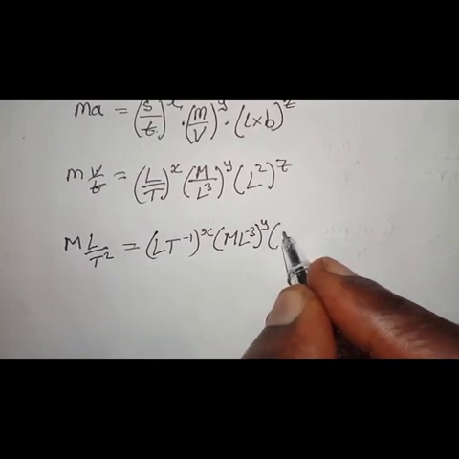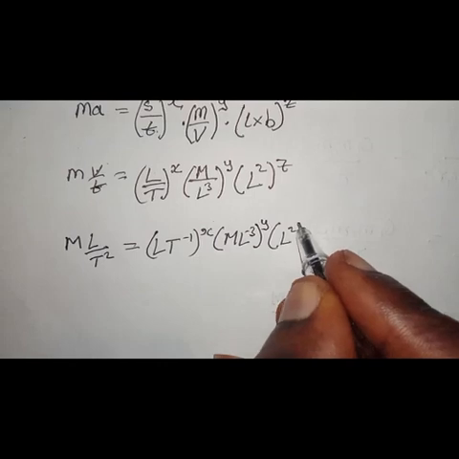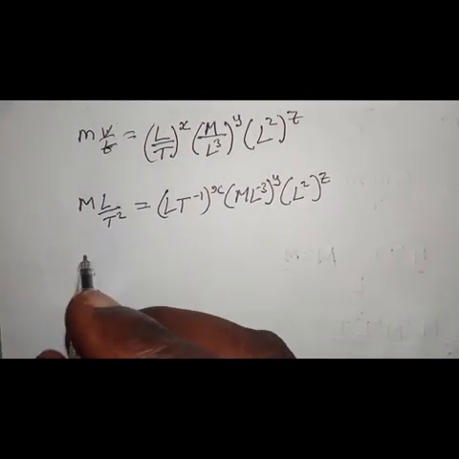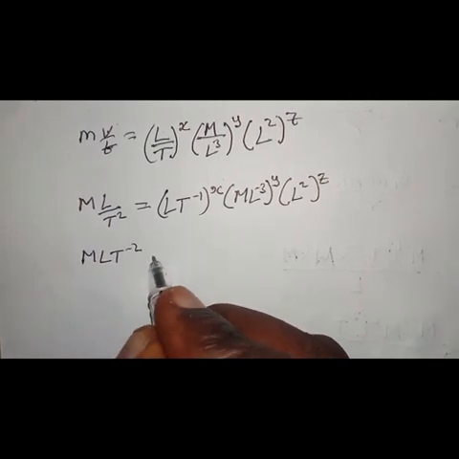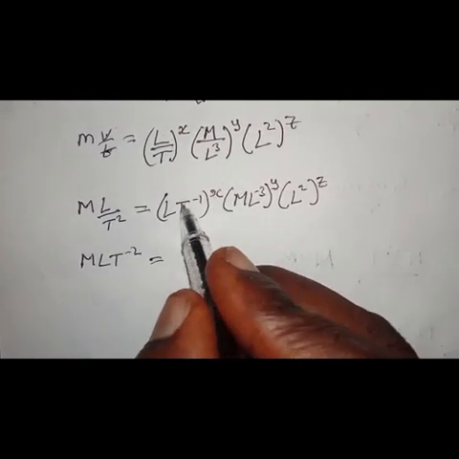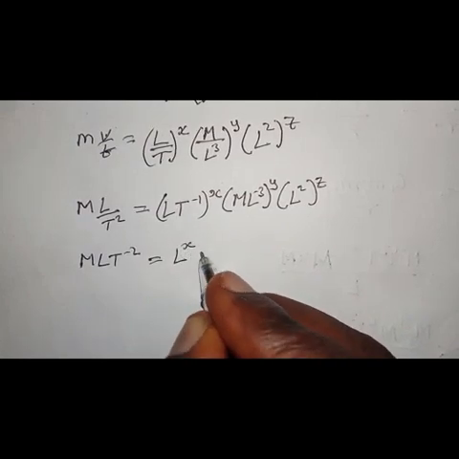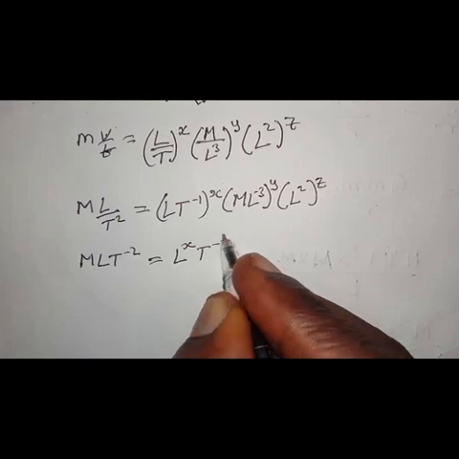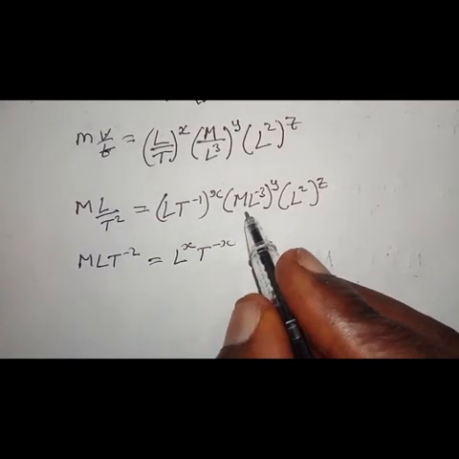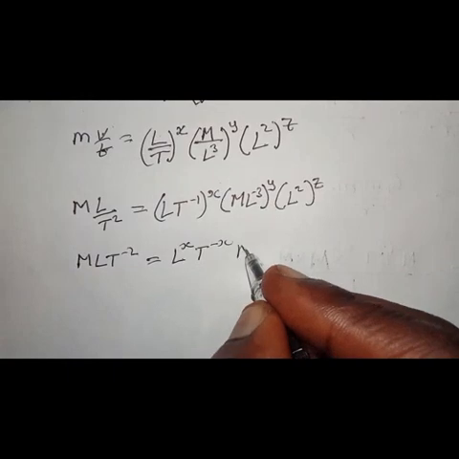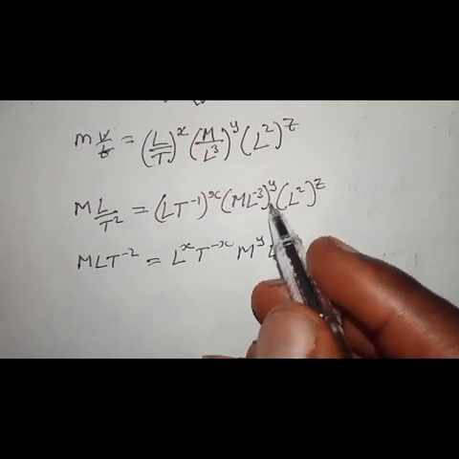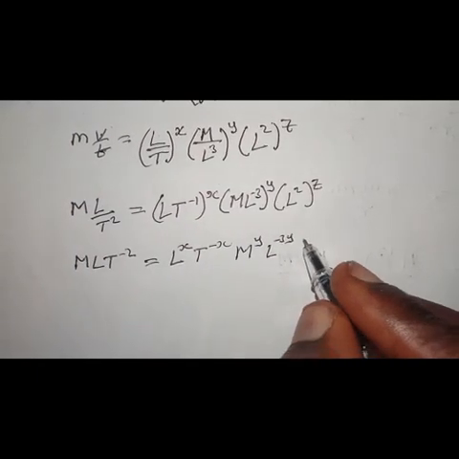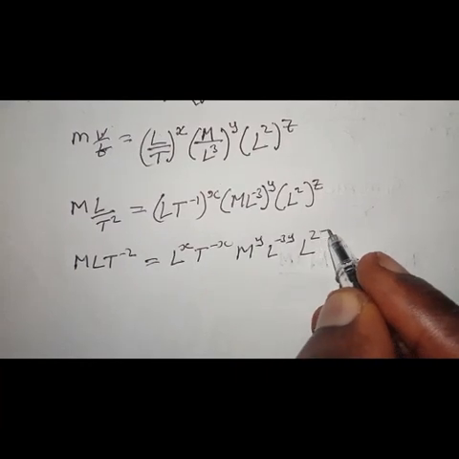Then this one will be L raised to power 2, all raised to power z. So if we simplify further, in the left hand side we have m Lt raised to power minus 2, remember, is equal to, then in our right hand side, if we open this bracket, we have L raised to power x, t raised to power minus x, because this is minus 1 times x. And then this second bracket with m raised to power y, then L raised to power minus 3y when the bracket is opened, while the third one is L raised to power 2z.